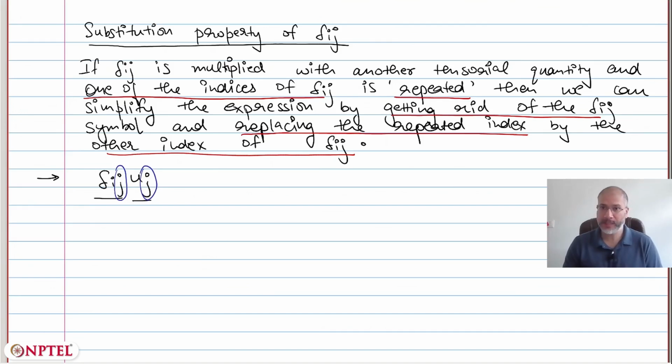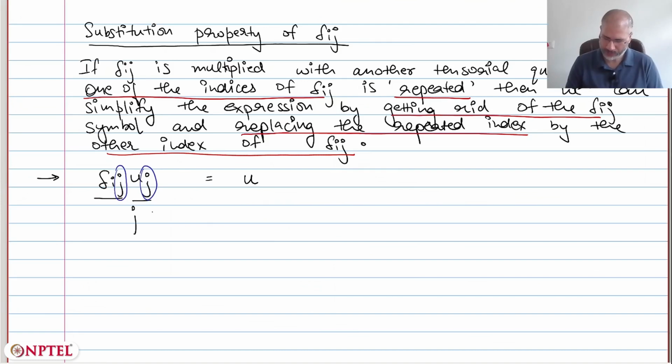Then we can simplify the expression by getting rid of the delta. So the simplified expression will not have any delta, it will only have a u, and replacing the repeated index by the other index of delta. The repeated index here is j. So let's write that down.